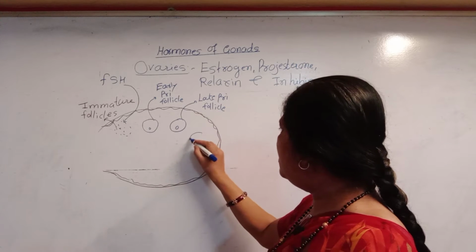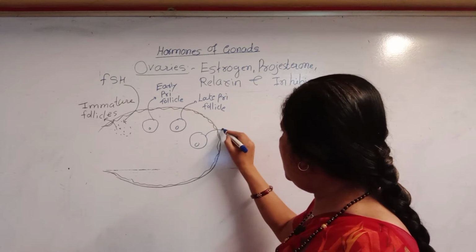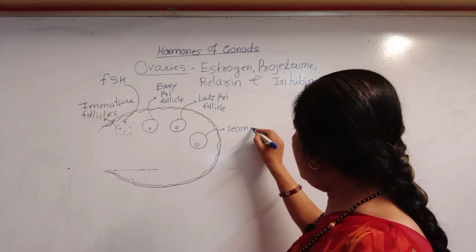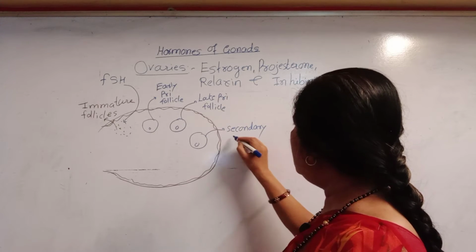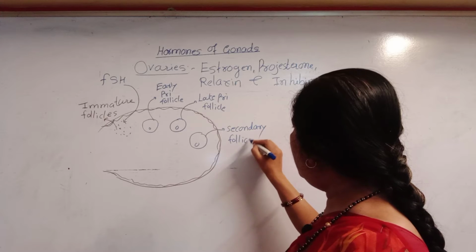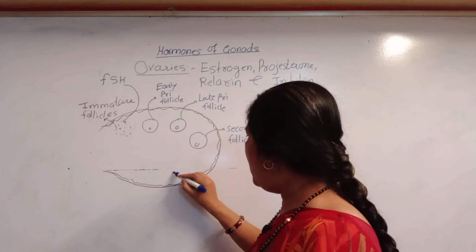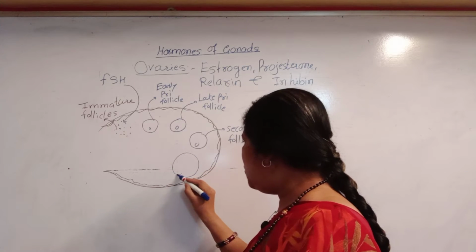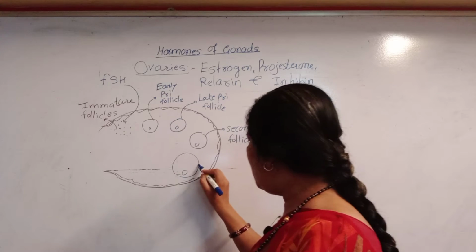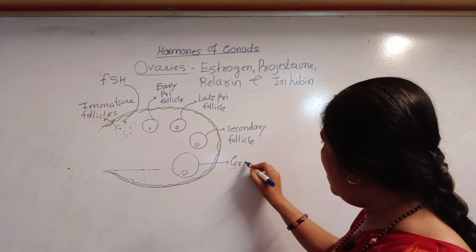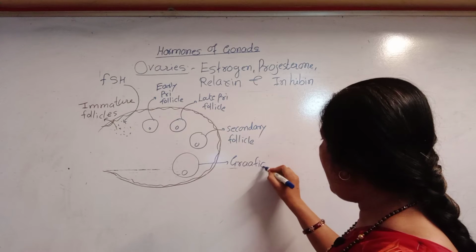The next stage is secondary follicle. The fully mature secondary follicle is called Graafian follicle.